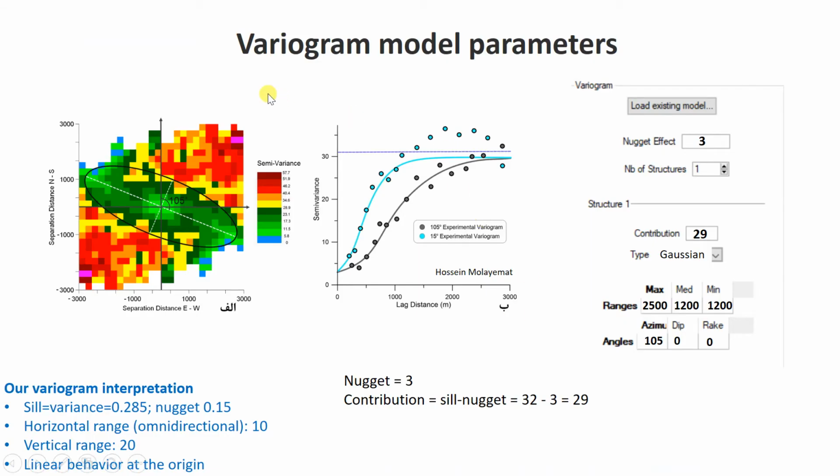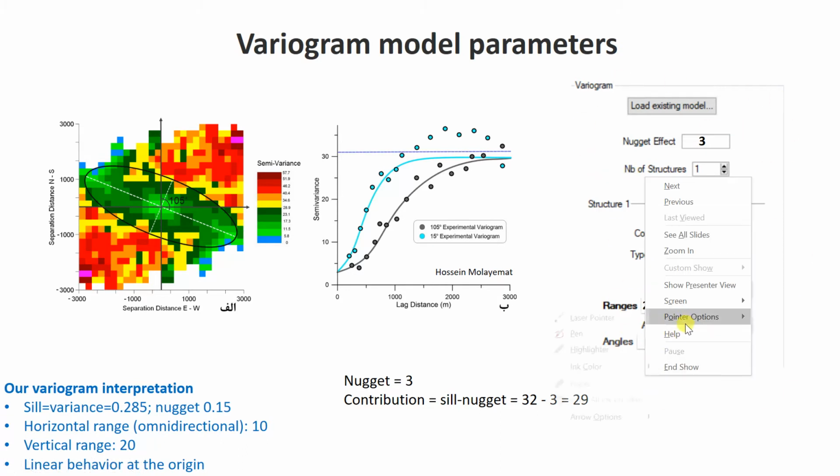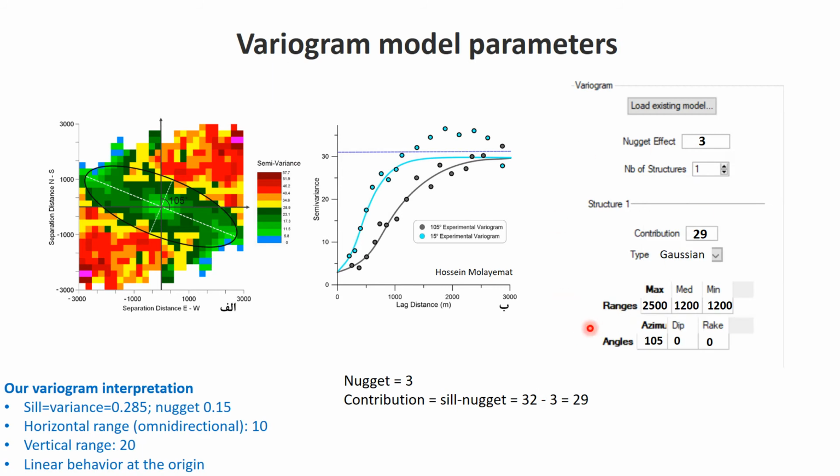Here we see that same input window that we see in SGeMS. Now the question is, we have our variogram interpretation. Remember, this is from our grade set, so we have some nugget effect, some horizontal range, vertical range, etc. This is something we will discuss in more detail when we talk about variogram modeling.